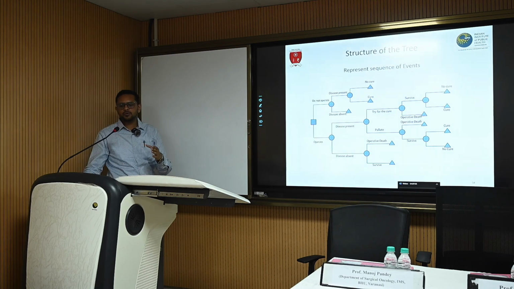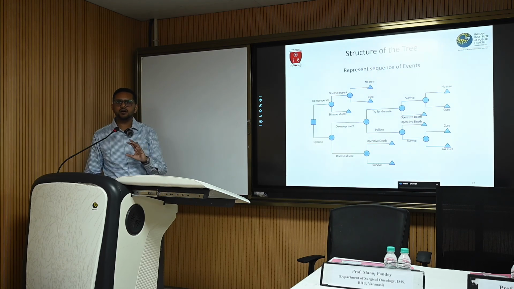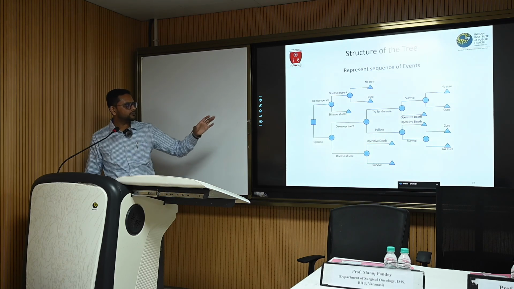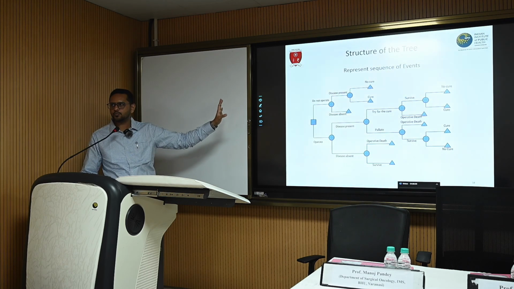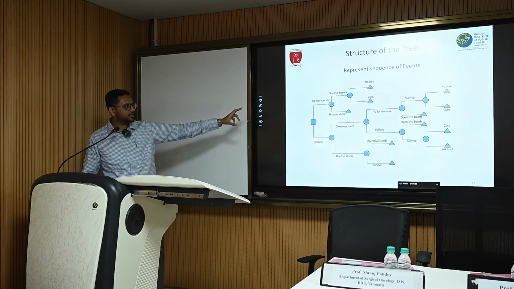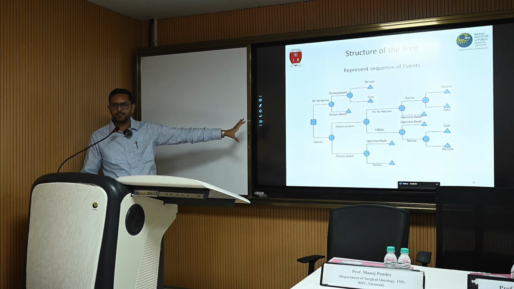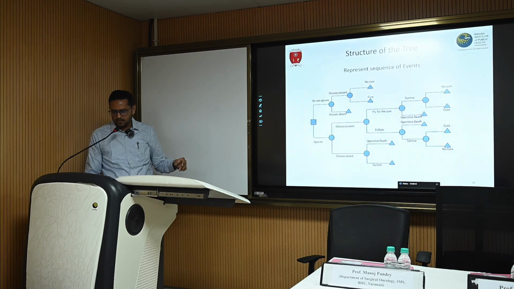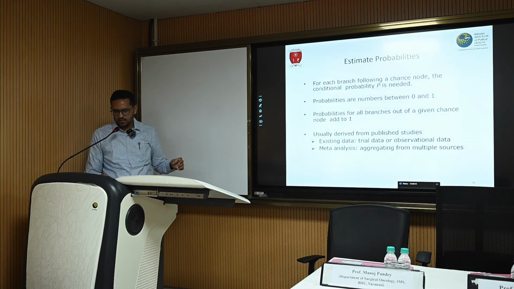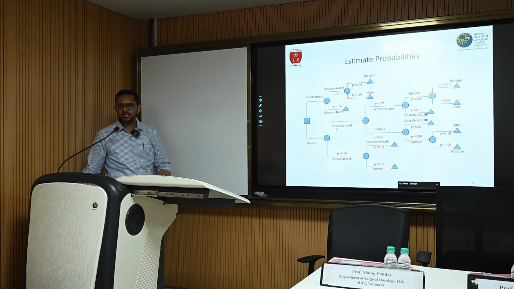So we have to derive the whole scenario first. If we are talking about any disease, it may have n number of possibilities or probabilities, and we have to capture them in a decision tree model. Probability would be between 0 and 1, and this would be the scenario.